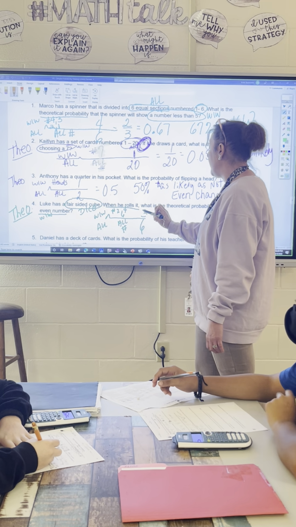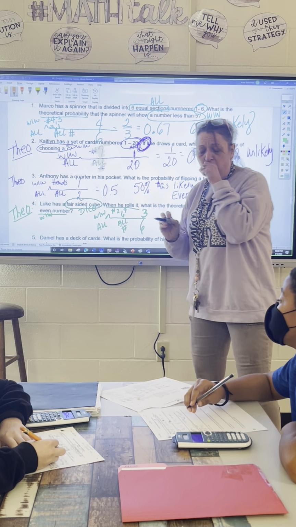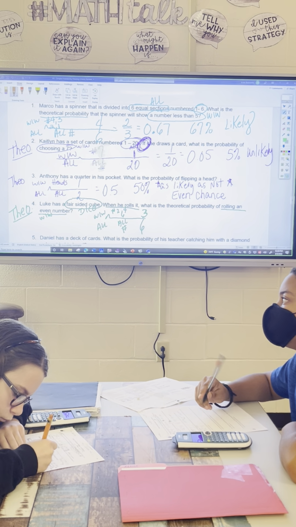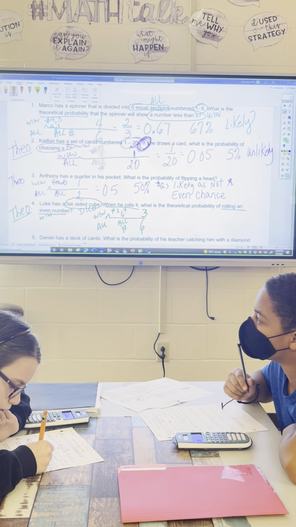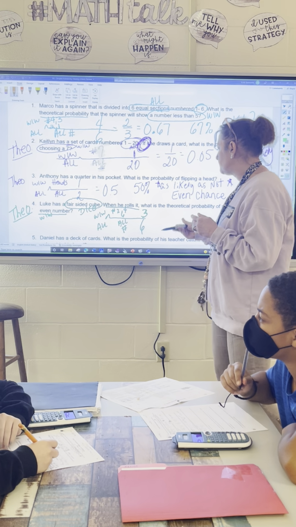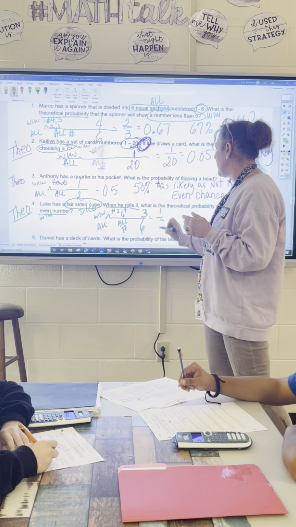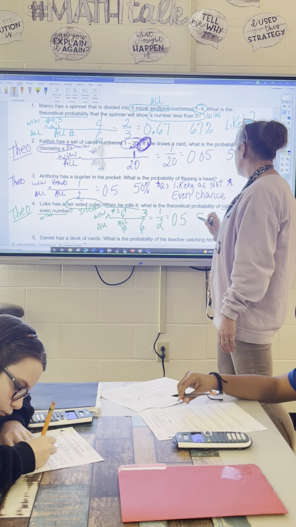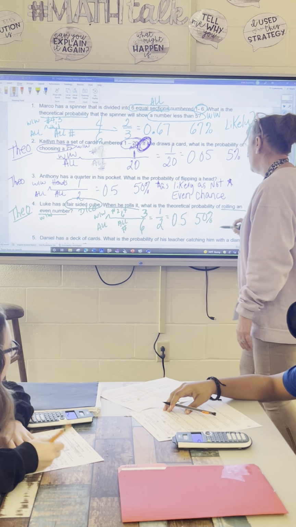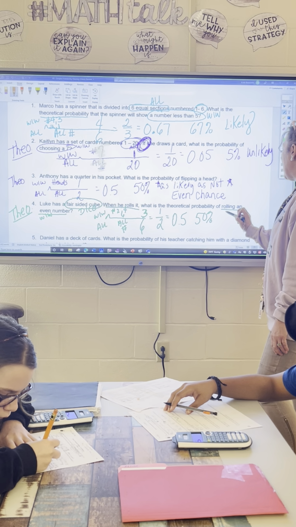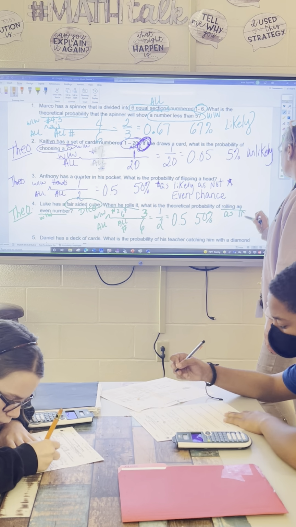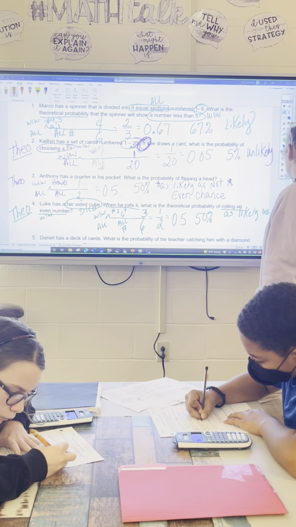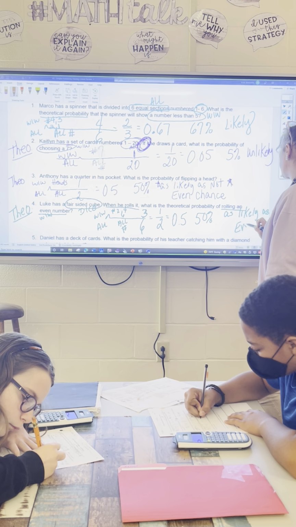Even if it says fair-sided cube, or number cube, whatever it calls it, if it's a dice, it's got 6 sides, okay? 3/6 is going to simplify to 1/2, which is 0.5, which is 50%, which is as likely as not, or an even chance.